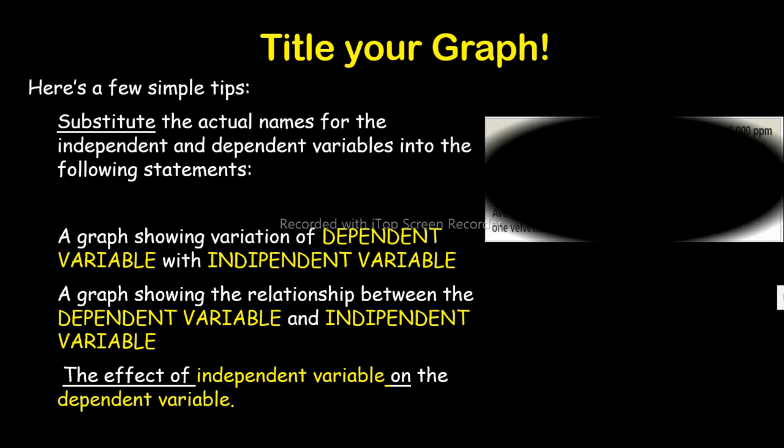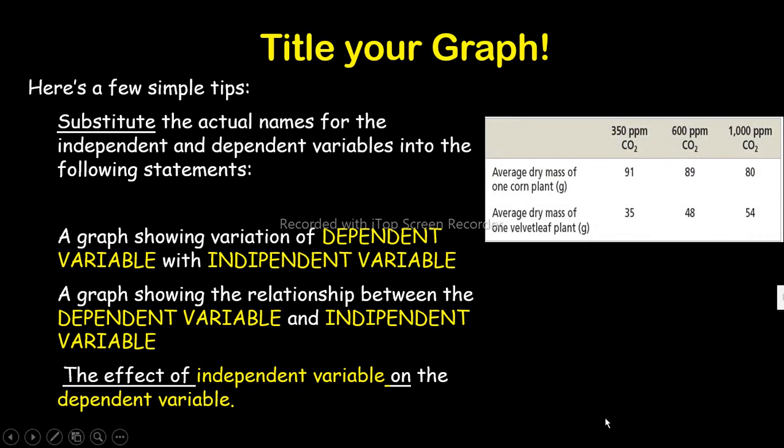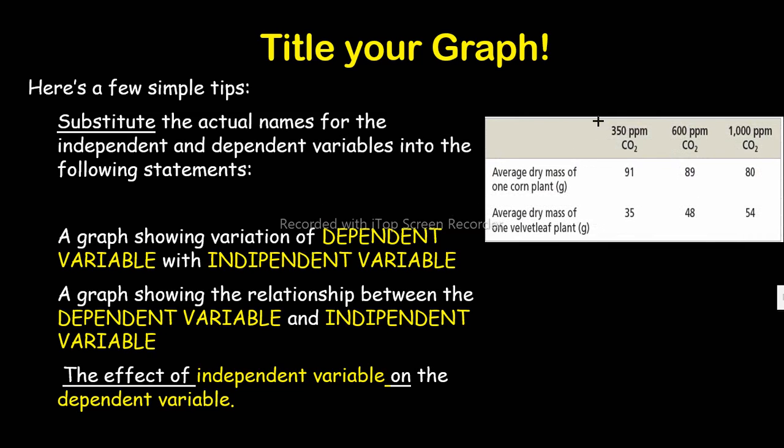Let's try to formulate a title here. This is our example, what we've been following right from the beginning. Here we have the concentration of carbon dioxide in ppm, parts per million.